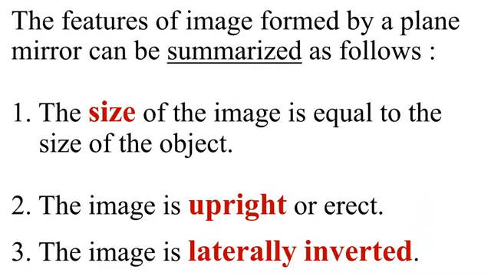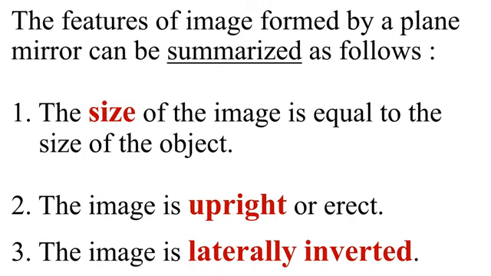The features of image formed by a plane mirror can be summarized as follows. Number 1. The size of the image is equal to the size of the object. Number 2. The image is upright or erect. Number 3.